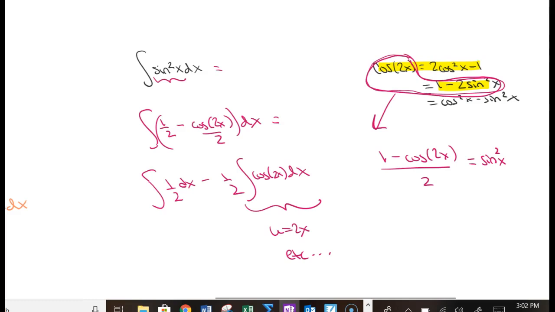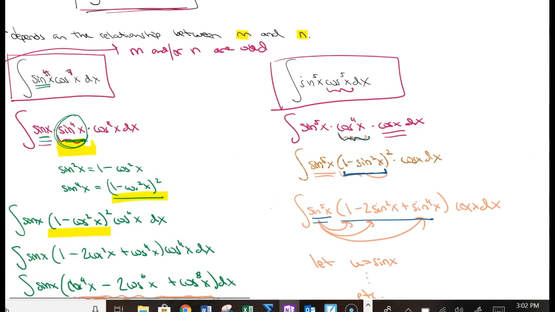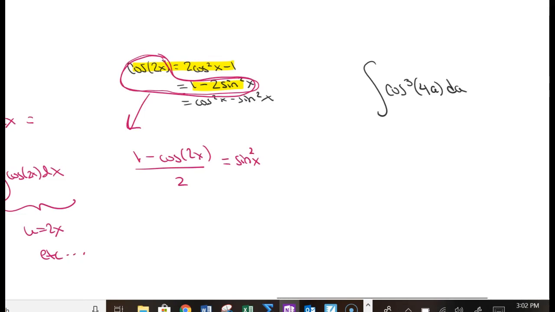The last possibility, and this one actually is included in this case, is if m or n is odd. How about something like the indefinite integral of cosine cubed of 4a dA? Why don't you try it on your own and then replay me for the answer?